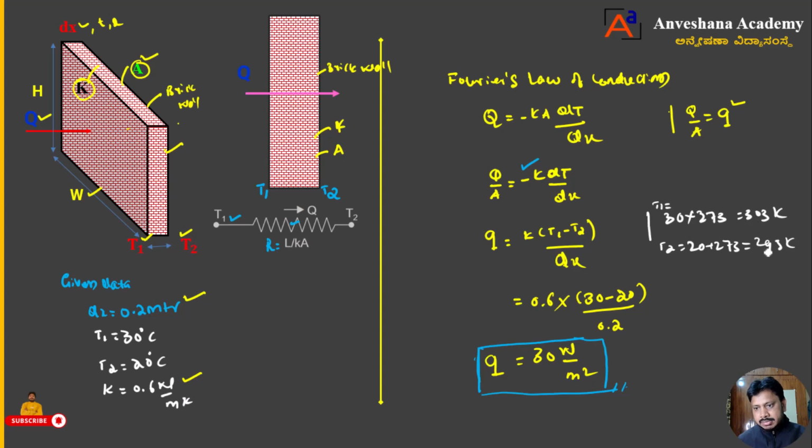Then 303 minus 293 is 10, and 30 minus 20 is also 10. As I am getting the same difference, I took 30 minus 20, but you have to put it in terms of Kelvin. So how can I write the unit now? K is watt per meter Kelvin, because I need to show how I got the unit watt per meter square.